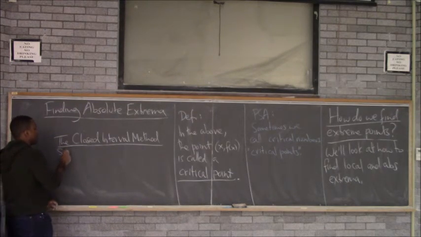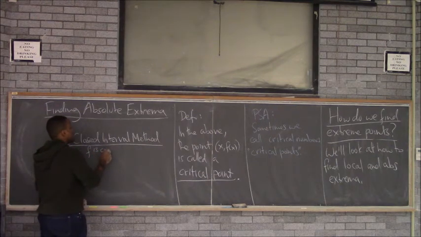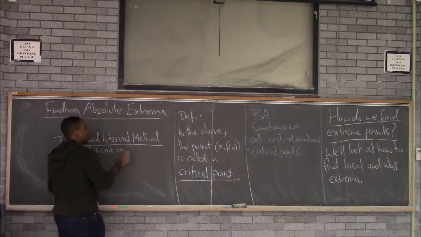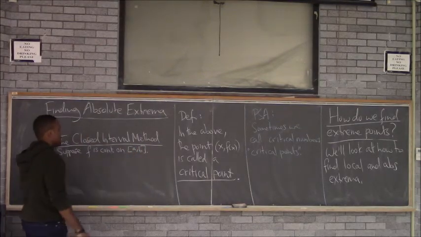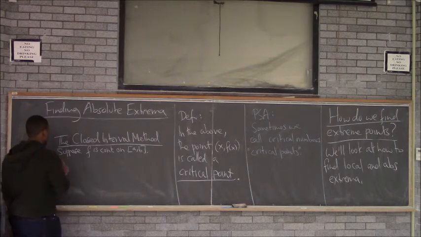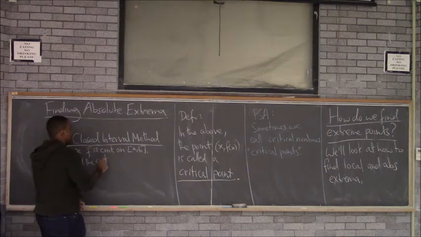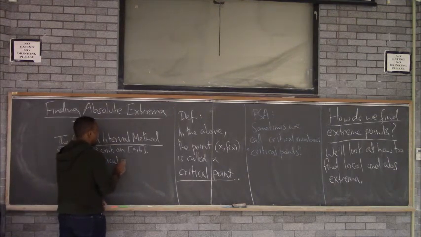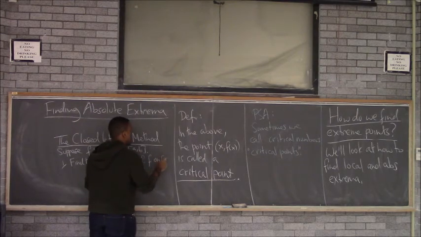So this says suppose f is continuous on [a, b]. The closed interval method says, one, find the critical points of f on [a, b].